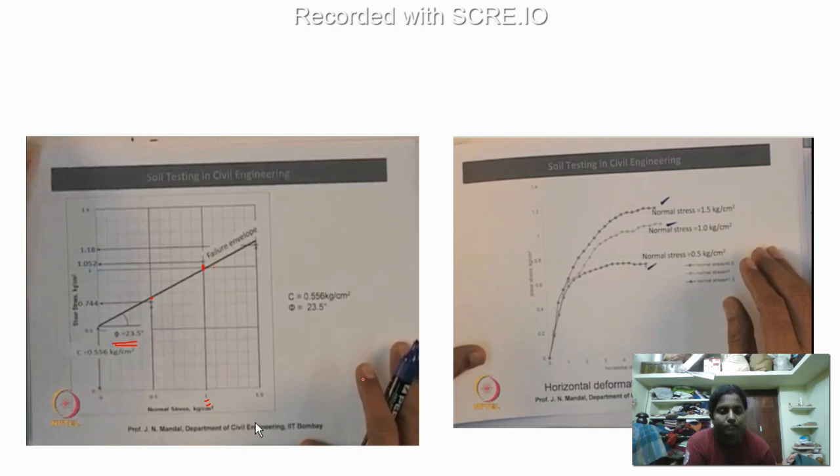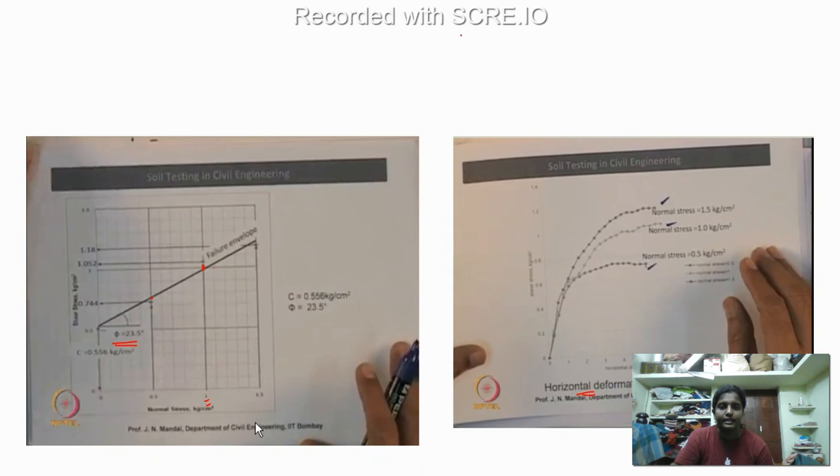Then this is going to be horizontal deformation versus shear stress. This gives you an idea about the behavior of the soil. So at different normal stresses you can plot your horizontal deformation. You have measured it already, and you have plotted it against your shear stress. So you can see how the soil has behaved until its failure.